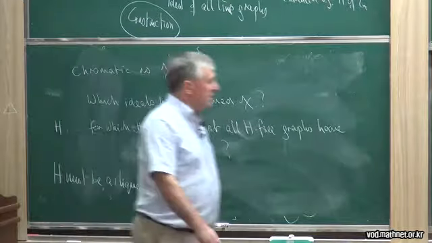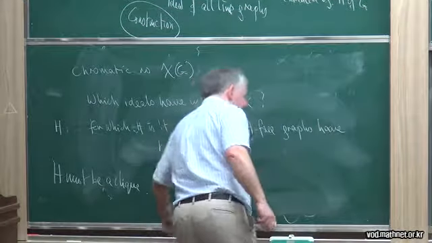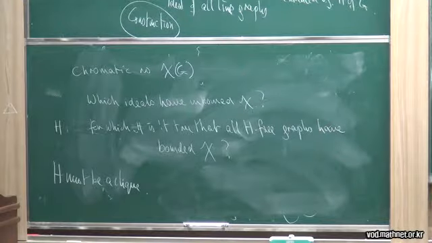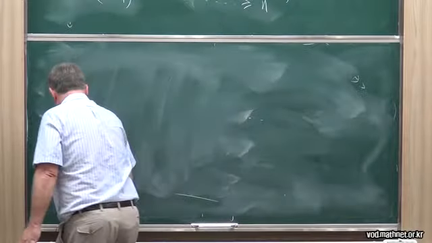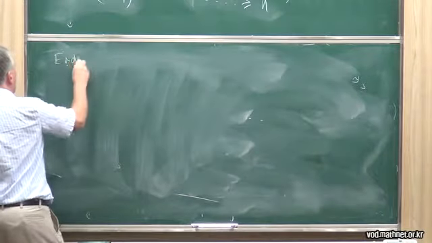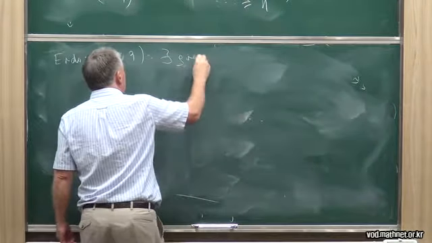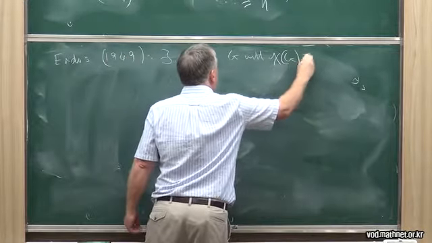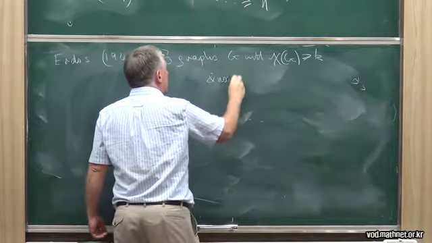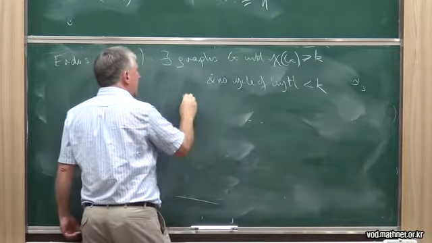On the other hand, Erdős proved, I think in 1949, there are graphs G with chromatic number at least K and no cycle of length less than K. By the way, that's girth.